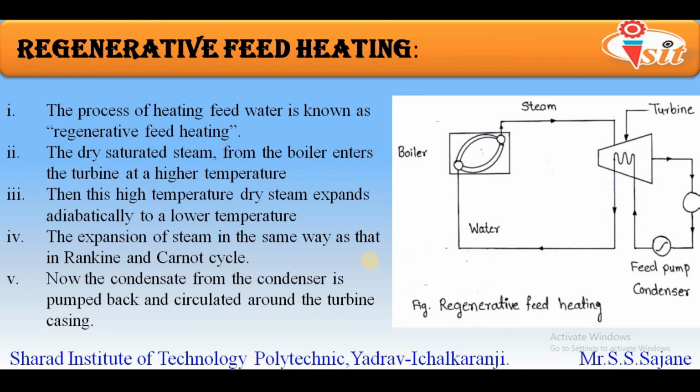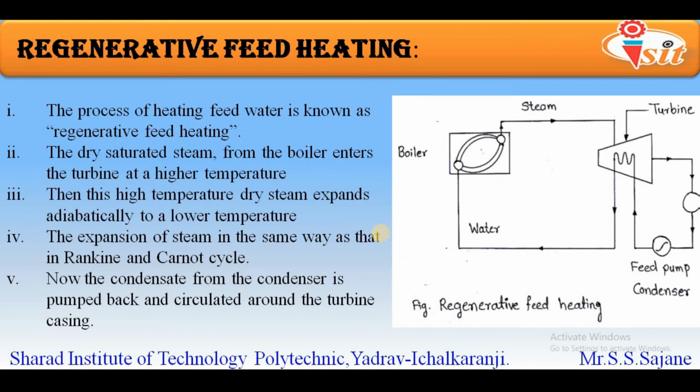Also, you can observe the direction of the superheated steam going from boiler to turbine, and the direction of the condensate coming from the feed pump to the boiler. Both are in exactly opposite directions, so we call it counter flow. Basically, there are two types of flow, that is parallel flow and counter flow.